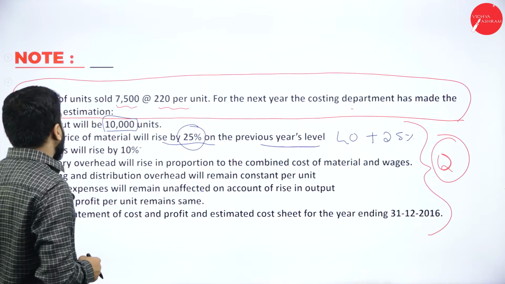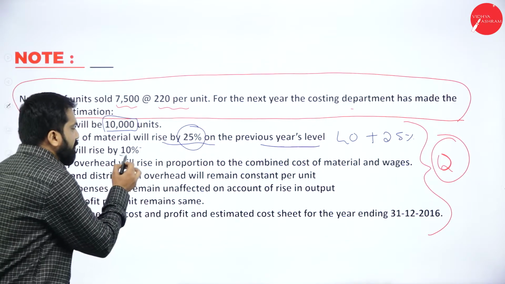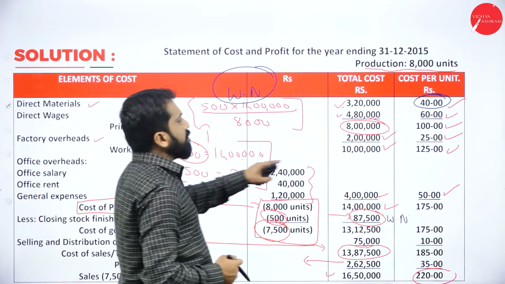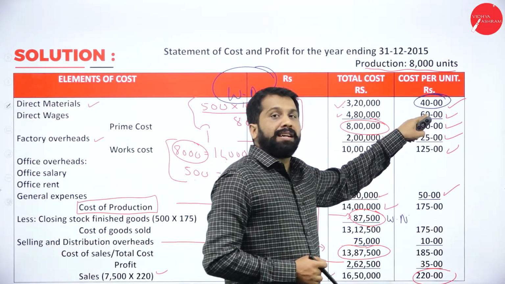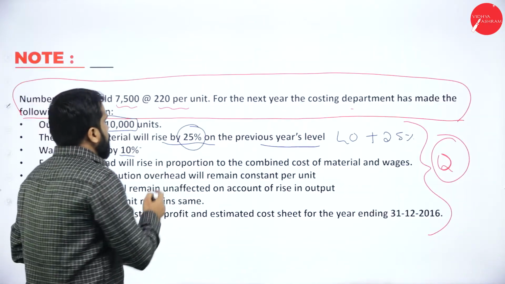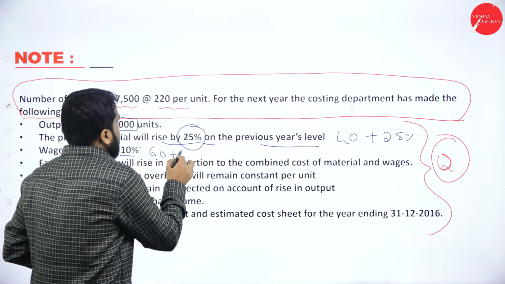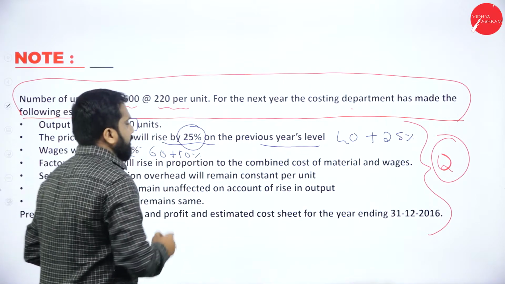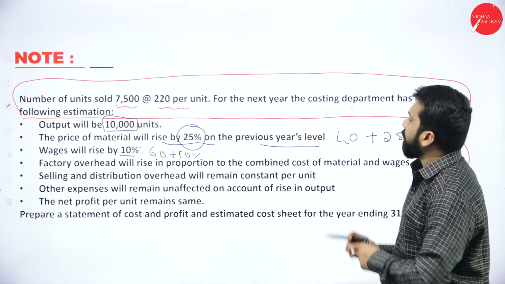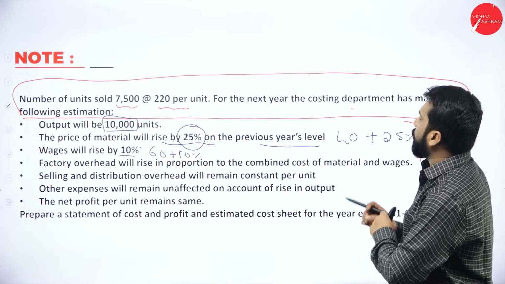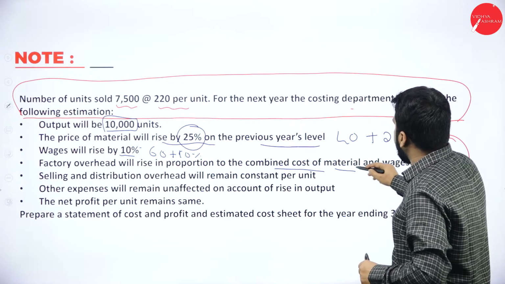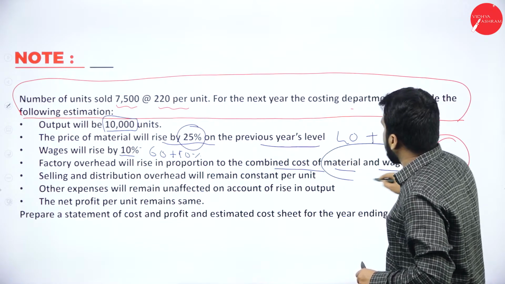Now, second one, wages will rise by 10%. I'll go back. Wages you had 60 rupees, 10% will be increased. Then, next one, factory overhead will rise in proportion to combined cost of material as well as wages.